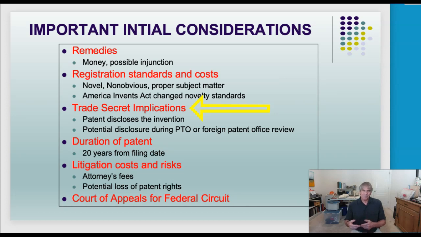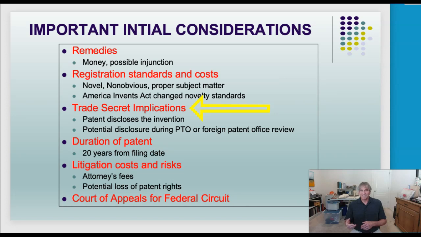And so you may think, fine, I will rely on trade secrets until the PTO grants me a patent. And at that point, I will give up the secrecy because now I can rely on the patent to keep others from taking the crown jewels.